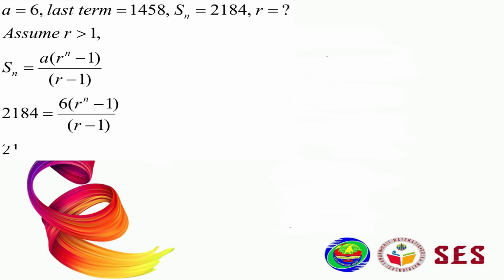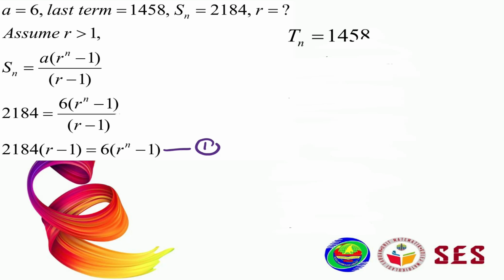We substitute all the information into the formula, then we can make it our first equation. For the second equation, we need to use the Tn formula, because we know that our Tn is equal to 1458.